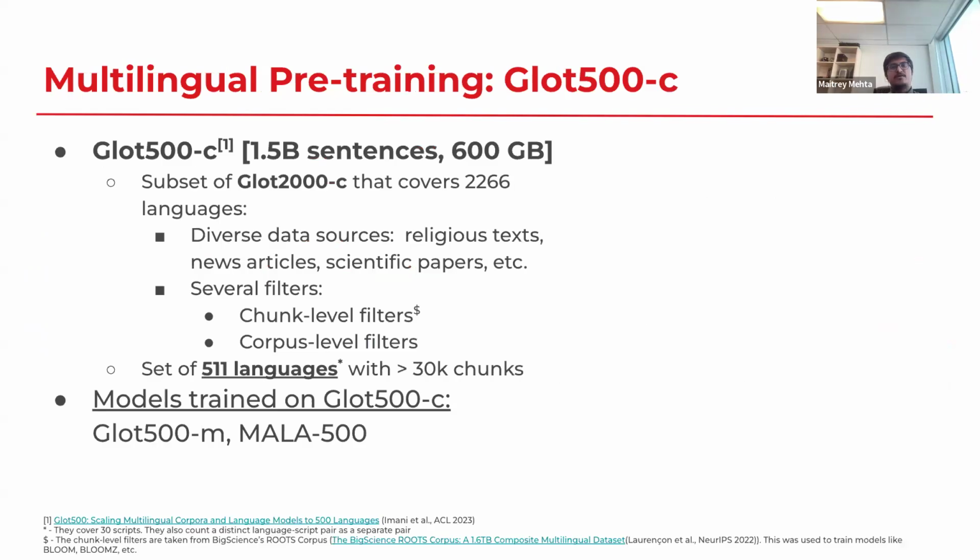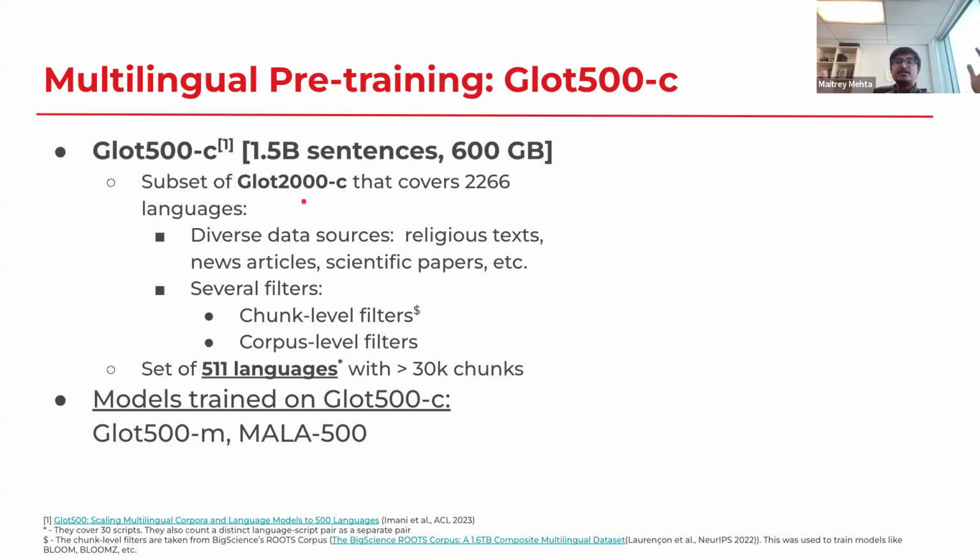MC4 was one pre-training corpus. There was another pre-training corpus called GlotCC. They don't say how many tokens it has, but it takes around 600 gigs of memory, and it has around 1.5 billion sentences.